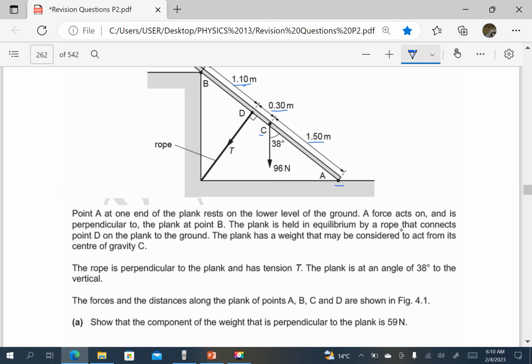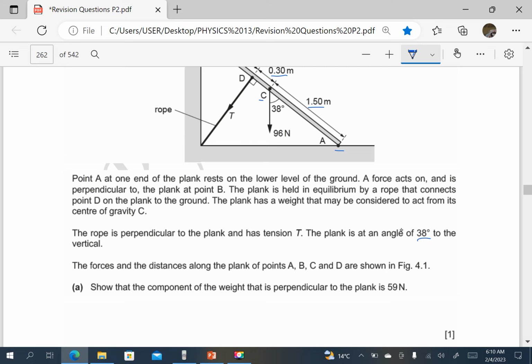The rope is perpendicular to the plank and has tension T. The plank is at an angle of 38 degrees to the vertical. The forces and the distances along the plank of points A, B, C, and D are shown in the figure.